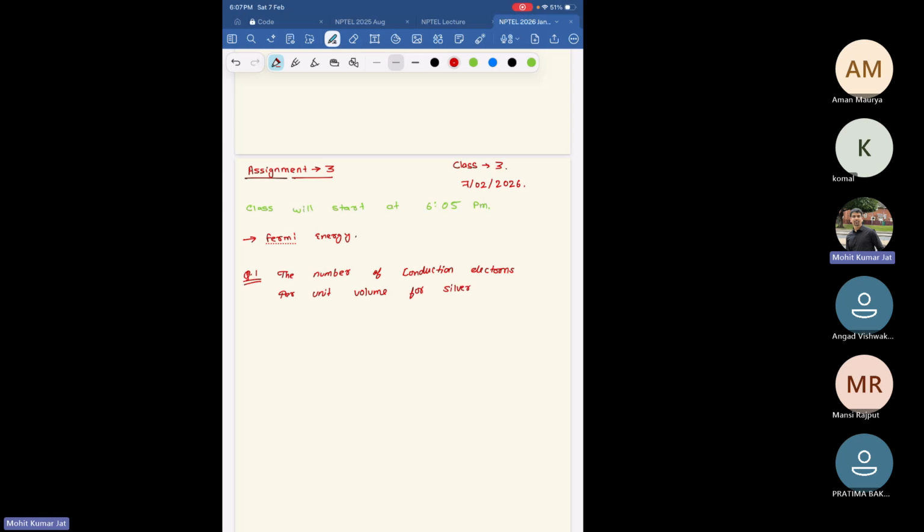Let's say this number is roughly 5.86 into 10 power 28 per meter cube. Yeah, it should be per meter cube. Then the corresponding Fermi energy and Fermi temperature are.